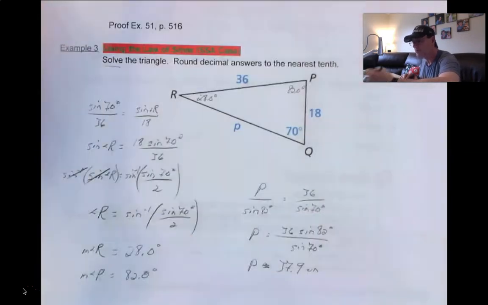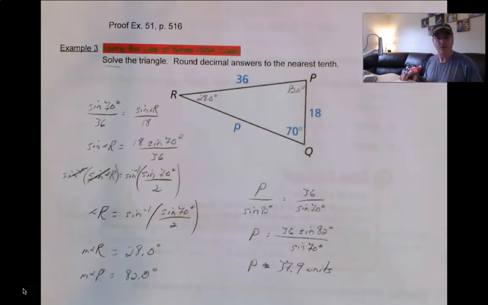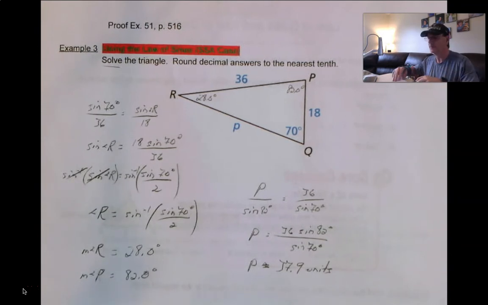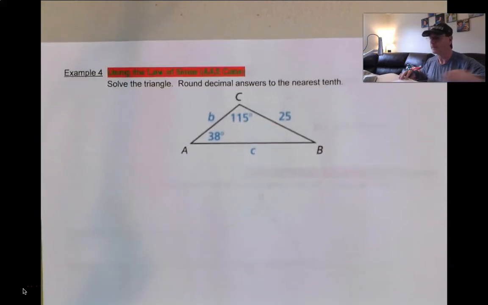We don't have unit measurements here. So we have found angle R, angle P, and side P, or side RQ. That was example 3.